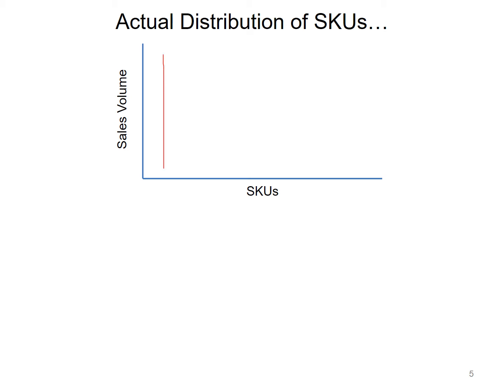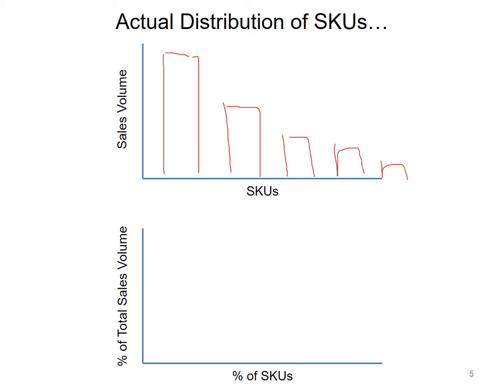The first, highest selling SKU, I have a bar here, the next highest selling SKU, I have a bar like this, the next one over, etc., and you'll have 10 of these. Now if we take the same histogram, the same distribution, and plot the percent of total sales volume with respect to percent of SKUs, it would have a distribution that looks something like this.